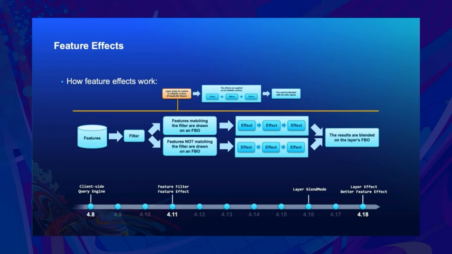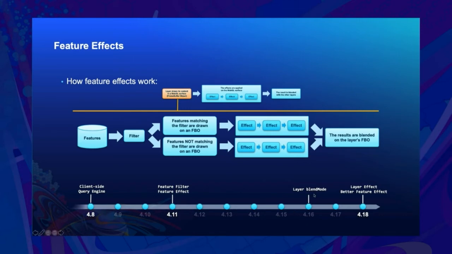Then came the idea of, instead of show and hide, maybe we want to apply an effect on these features, so maybe make them a little bit more transparent, or blur them and so on. We couldn't implement blur at the time, but we implemented a lot of these effects.